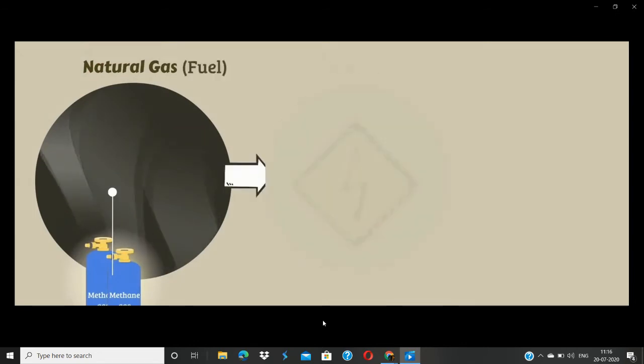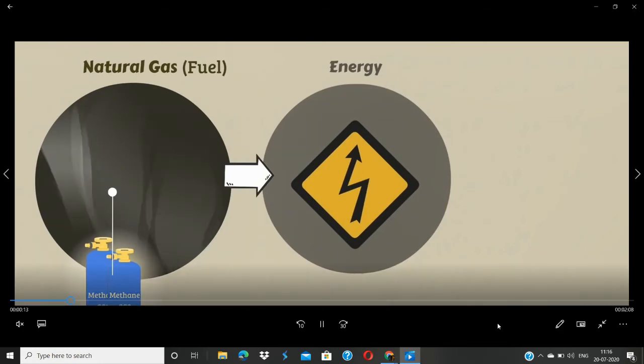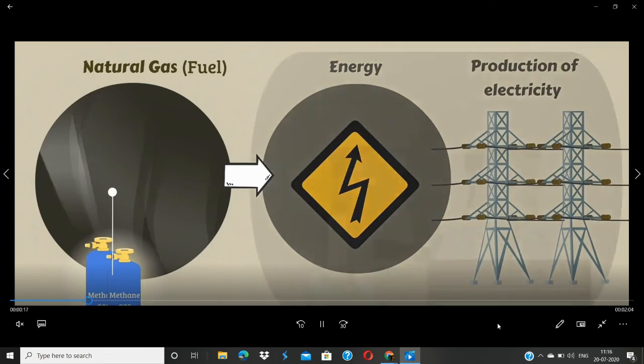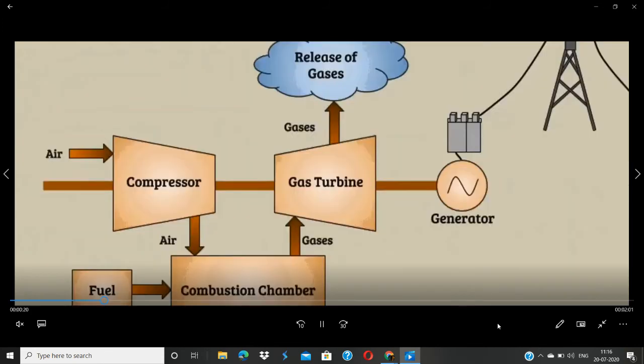Natural gas mainly consists of methane. It is an excellent fuel, and it produces a high amount of energy. The energy obtained from natural gas can be used for producing electricity. This is done in a natural gas power plant.